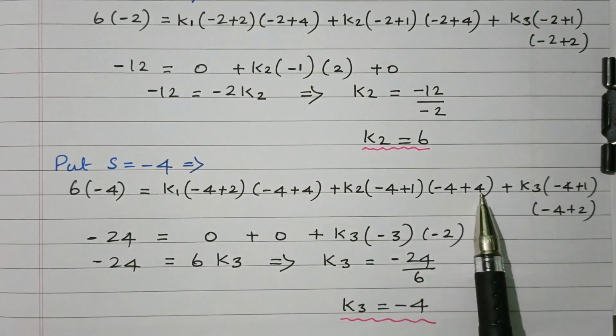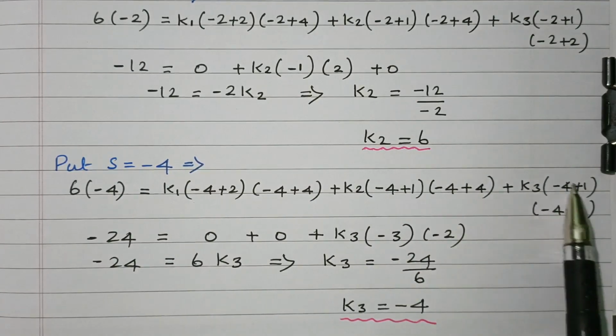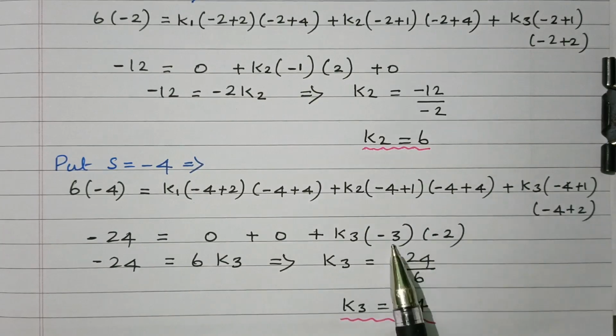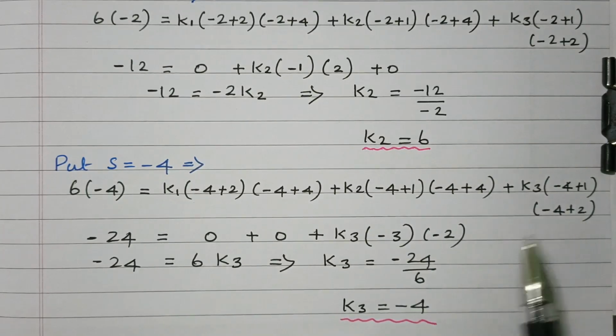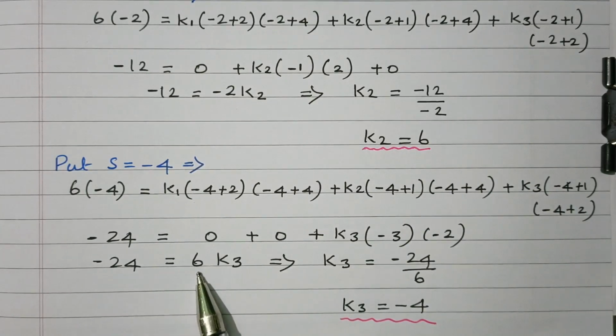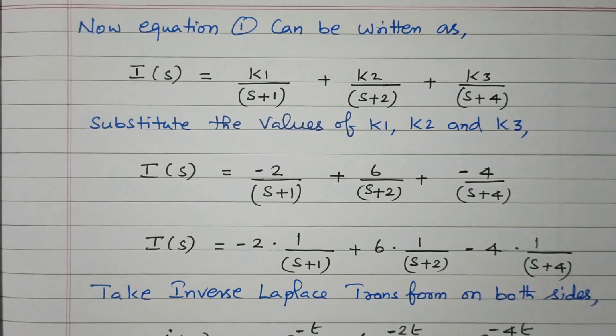Here also minus 4 plus 4, 0. Only this term is available. k3 into minus 4 plus 1 means minus 3. Minus 4 plus 2 means minus 2. Right. So minus 24 equal to 6 k3. So k3 equal to minus 24 by 6. It is minus 4.